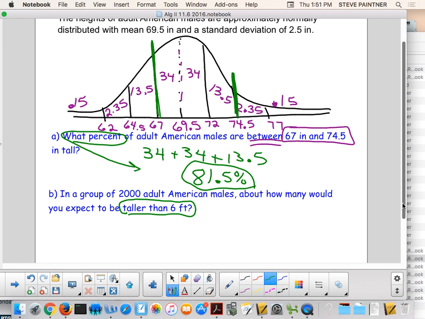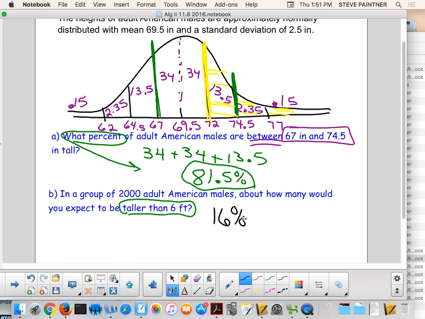Where's 72? Right here. Taller than 6 feet, that'd be this section and this section. Altogether 16%, right? So you got 16% of the American adults taller than 6 feet tall.